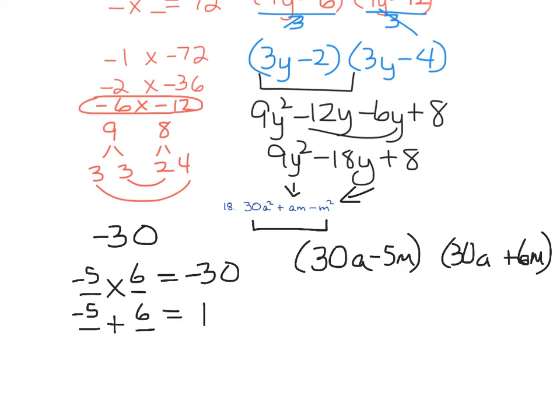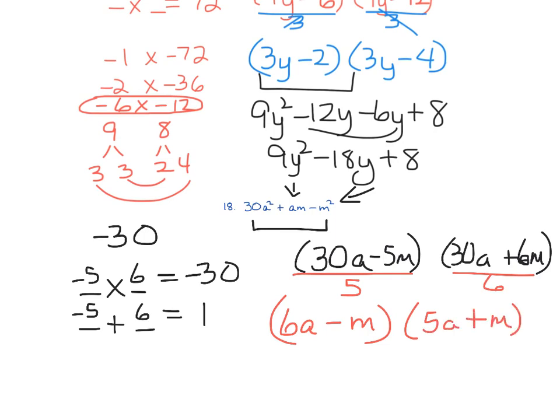And now I need to reduce both of them. I can divide this one by 5 and this one by 6. So this becomes 6a minus m. And this one becomes 5a plus m. Throw away the GCFs.